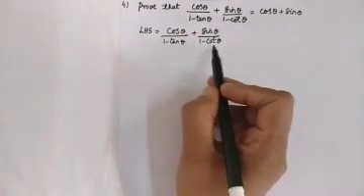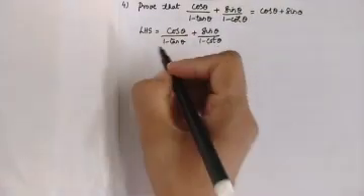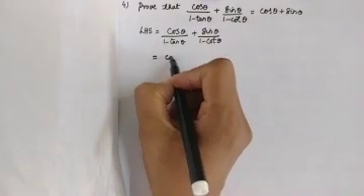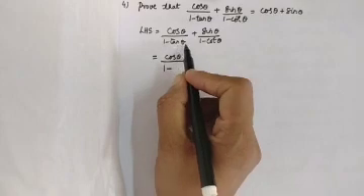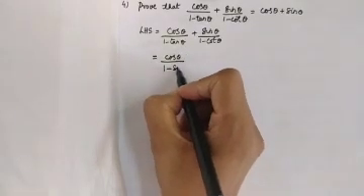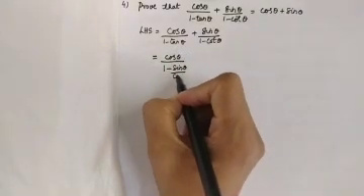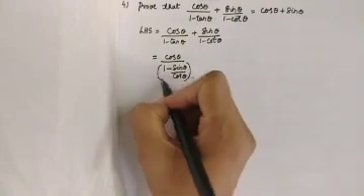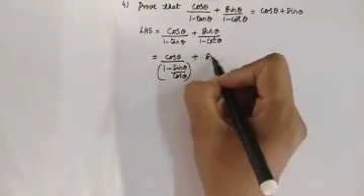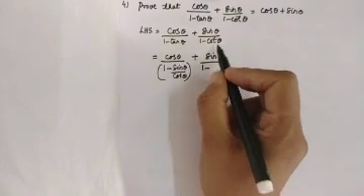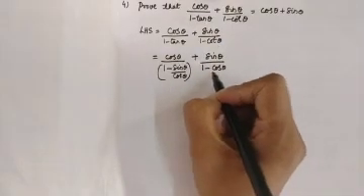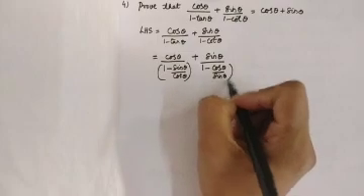So here change this tan and cot in terms of sin and cos. So numerator is cos theta divided by 1 minus tan theta is sin theta by cos theta, plus sin theta by 1 minus cot can be written as cos theta by sin theta.